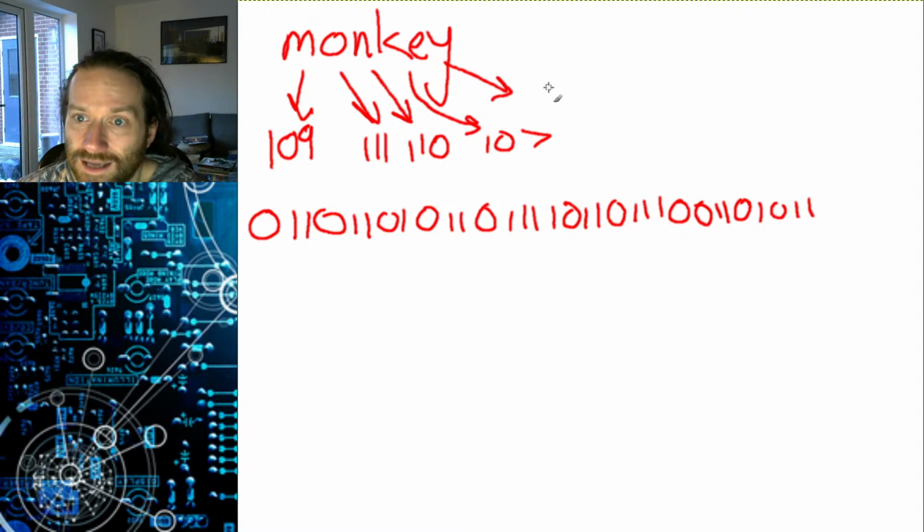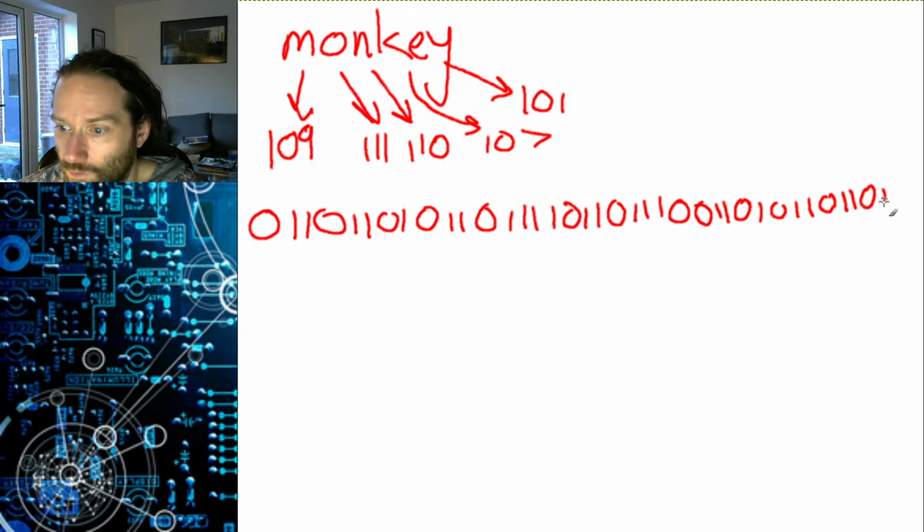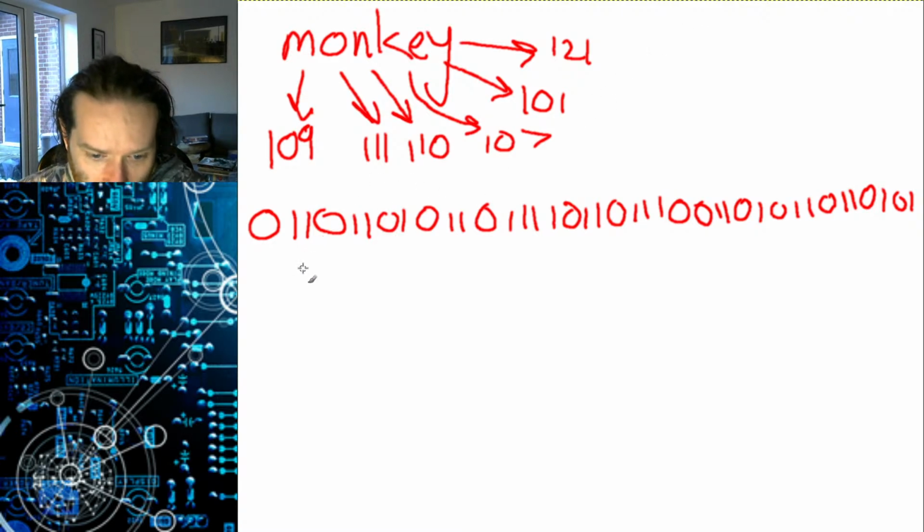We've got an E. E is 101. Convert 101 to binary and we get 0, 1, 1, 0, 0, 1, 0, 1. And then finally, we've got a y, which is 121. If we convert 121 to binary, we get 0, 1, 1, 1, 1, 0, 0, 1.